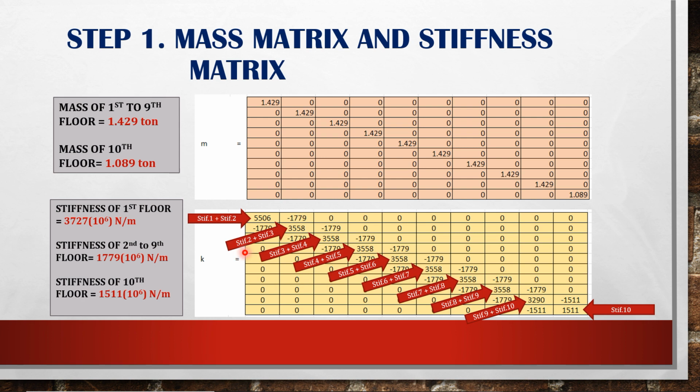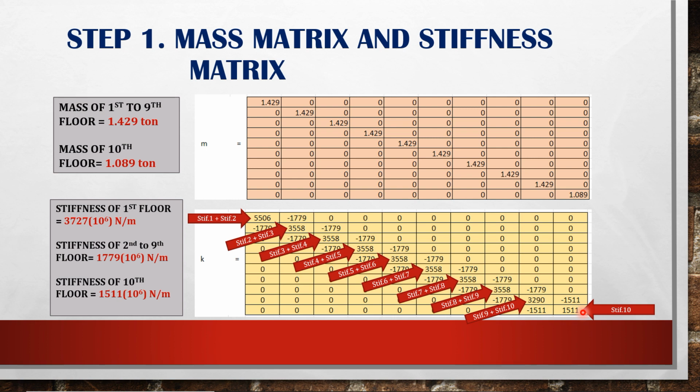Stiffness 2 plus stiffness 3 is equal to 3,558. Stiffness 3 plus stiffness 4, stiffness 4 plus stiffness 5, stiffness 5 plus stiffness 6, stiffness 6 plus stiffness 7, stiffness 7 plus stiffness 8, stiffness 8 plus stiffness 9, and stiffness 9 plus stiffness 10. And for stiffness 10, we have this value. So this will be our stiffness matrix.